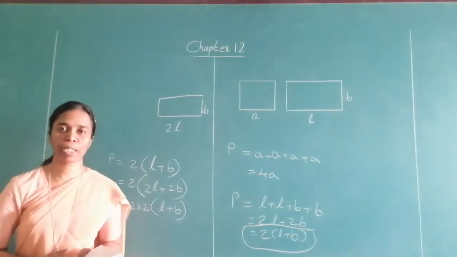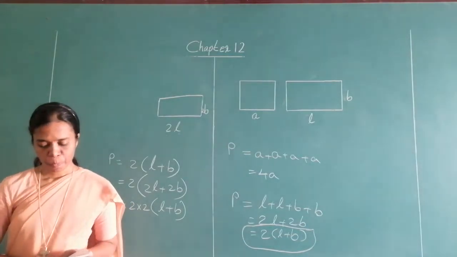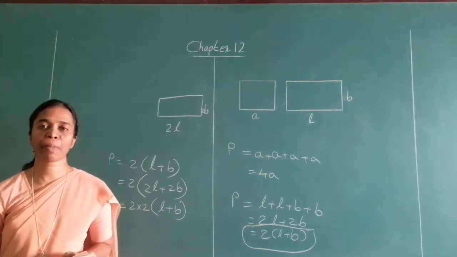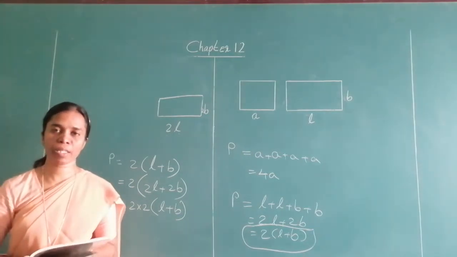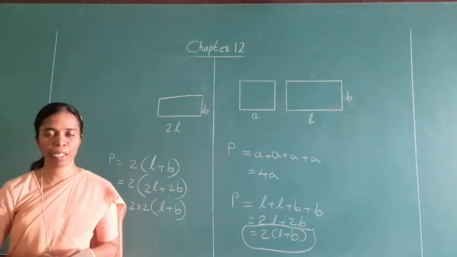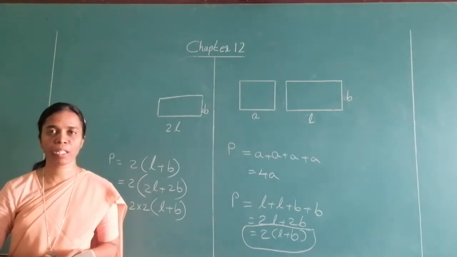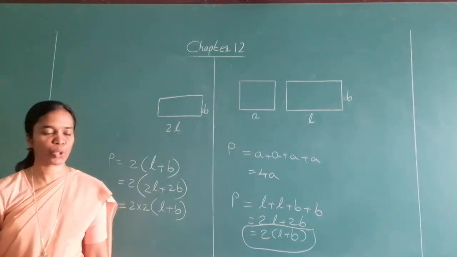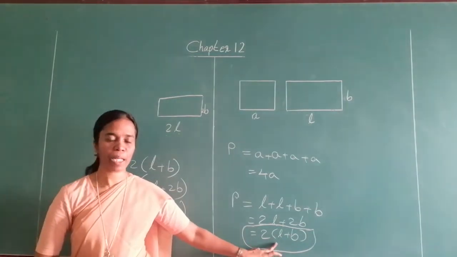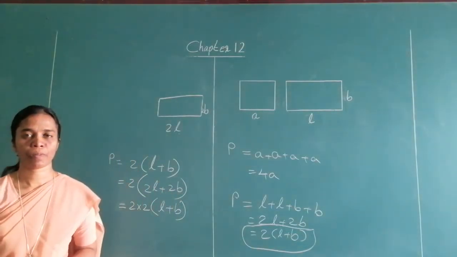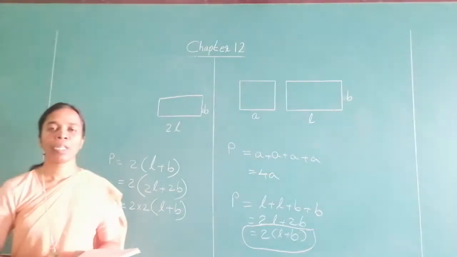Okay. How do you write the steps for it? I'll dictate to you. Please write over there. The perimeter of a rectangle. Please write: perimeter of a rectangle with length L and breadth B equal to 2 bracket L plus B. Next line.